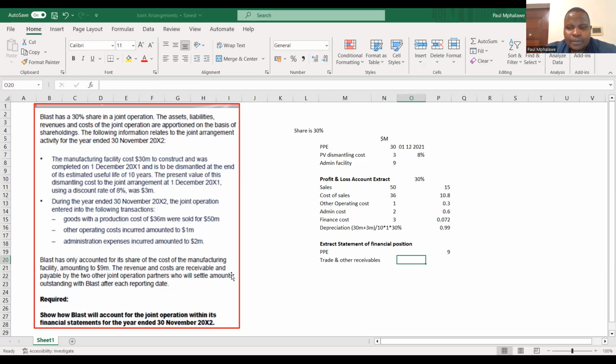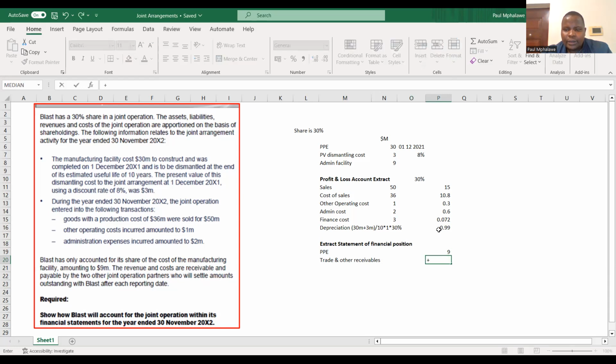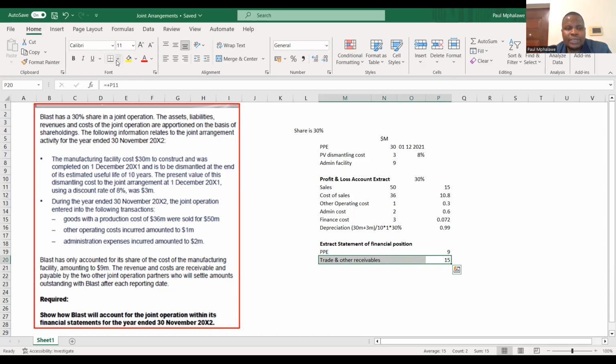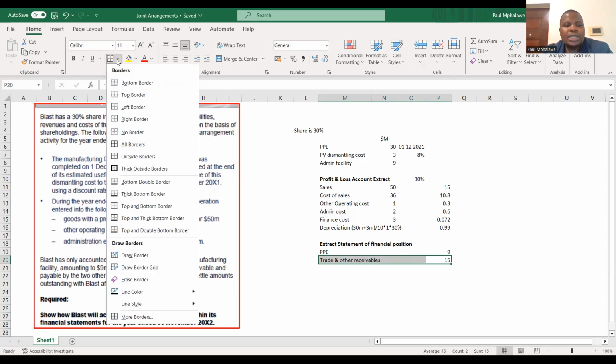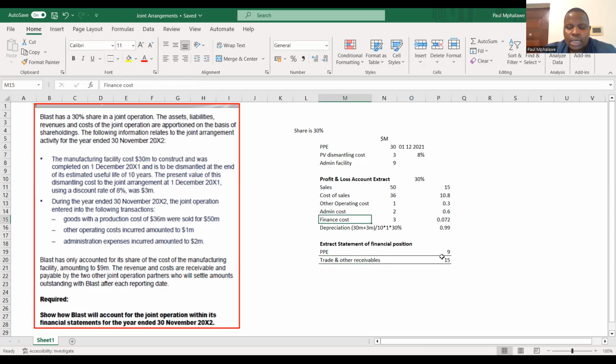It means the 15 that we found here is receivable. It hasn't been received yet. It's going to be received within 12 months. Okay. What else do we need to account for?